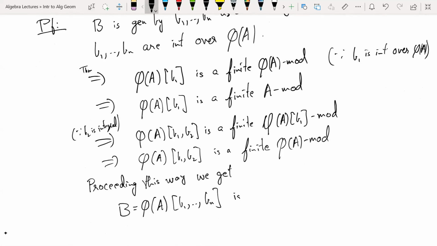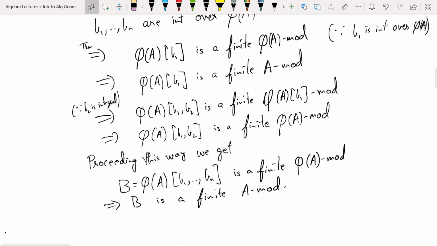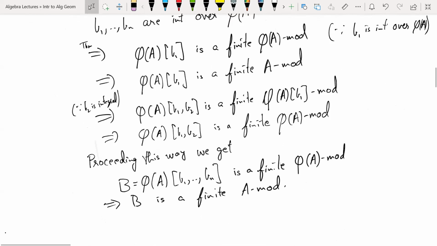This is a finite phi A module, which implies B is a finite A module. Finite as an A module, finitely generated A module.